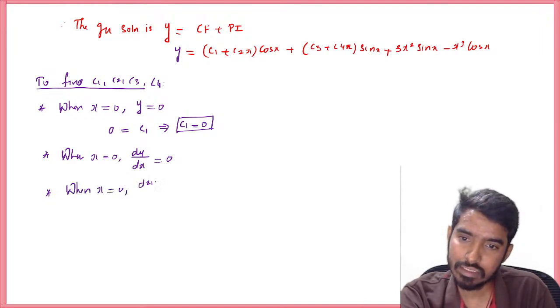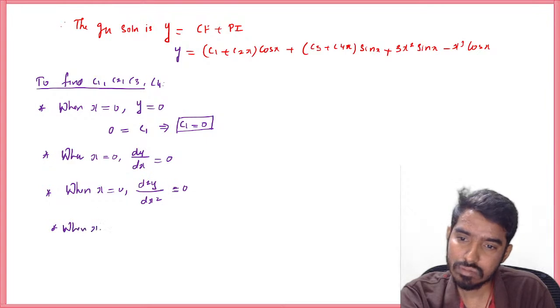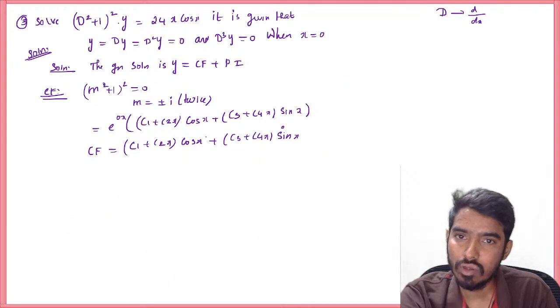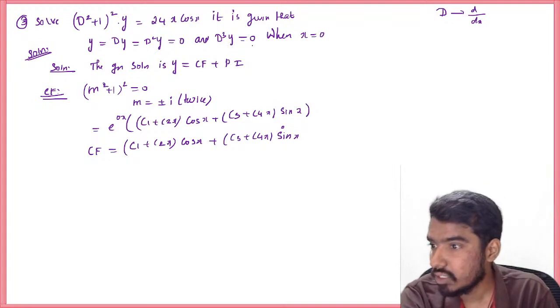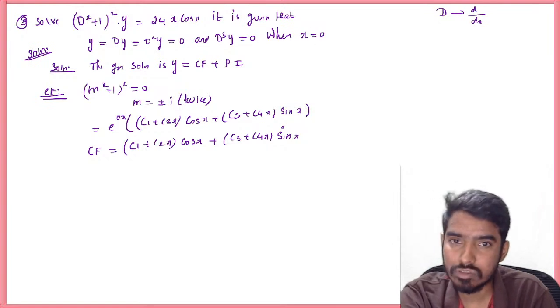And when x is 0, d square y by dx square is also 0, right? And when x is 0, sorry, actually the question is d cube y by dx cube is 12. Sorry, it's not 0, this is 12 when x is 0.